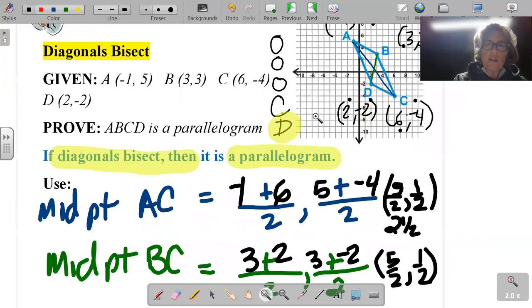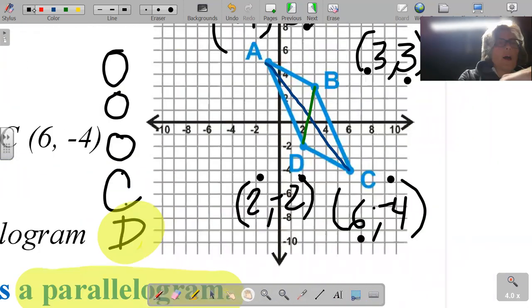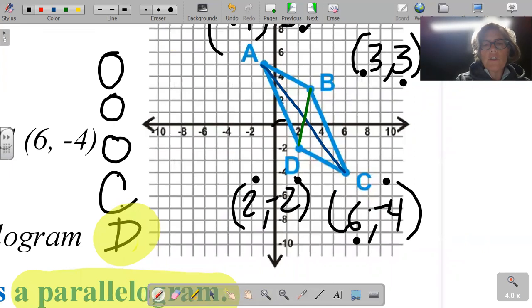So let's look. Midpoint does match both ways. If you watch, over 2, up 1/2. So that's 2.5 and 1/2, and it matches both ways. Ta-da! Well, you have proven that this bisects that way, and this bisects this way.